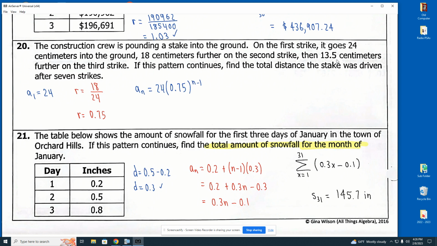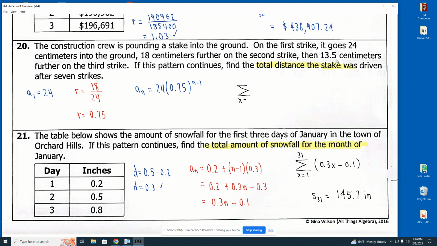So let's see what this question asks. It says, if this pattern continues, find the total distance the stake was driven in after 7 strikes. See, the total distance means if I accumulate every strike, well, guys, that's sigma.